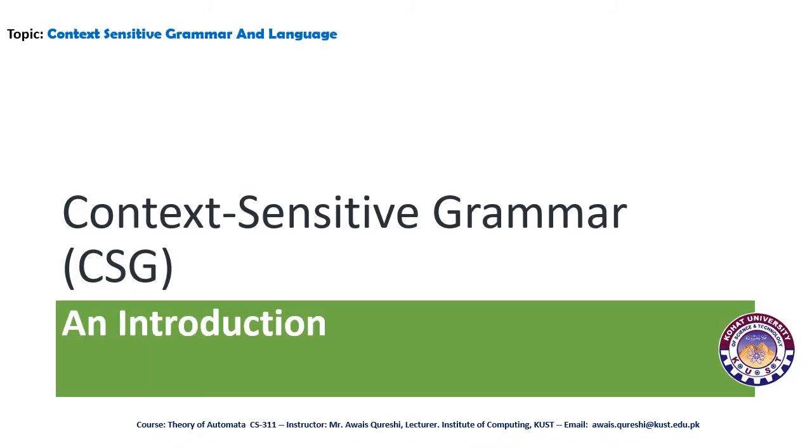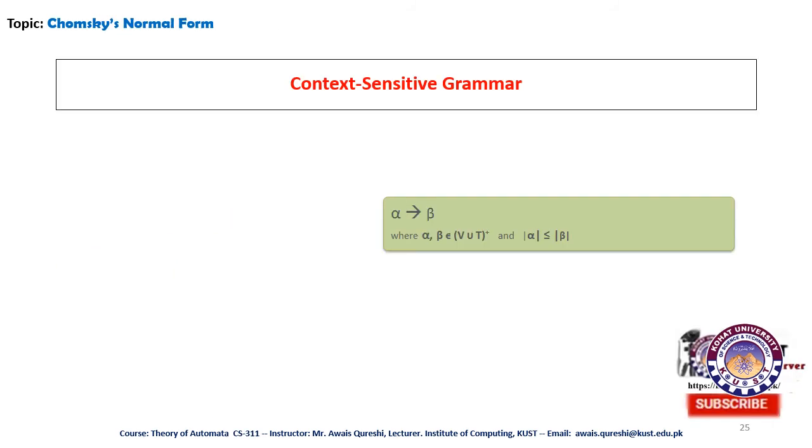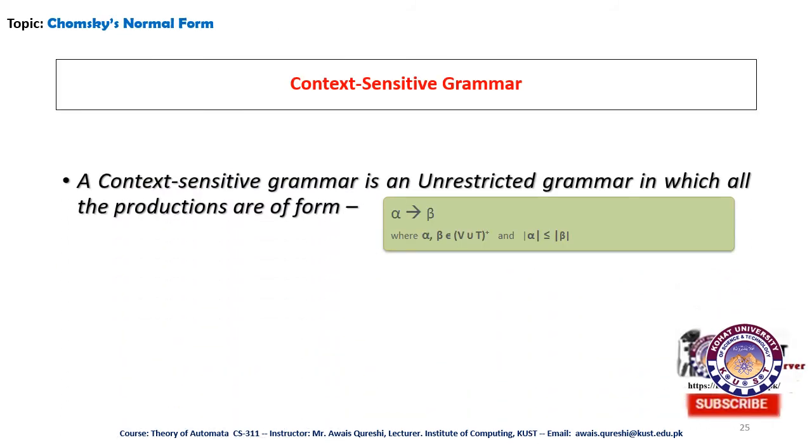So let's discuss another topic, which is called context sensitive grammar, pronounced as CSG. A context sensitive grammar is an unrestricted grammar. This means that, unlike in Chomsky's form, where we have seen that we have imposed some restrictions on the right hand side, in this case, context sensitive grammar, we do not have any such restrictions.